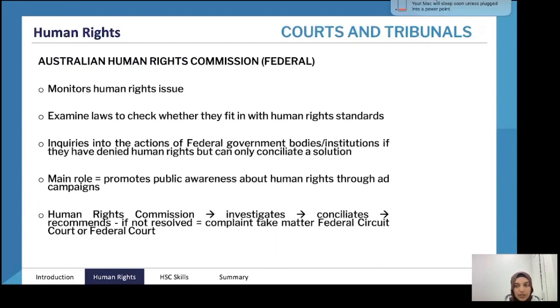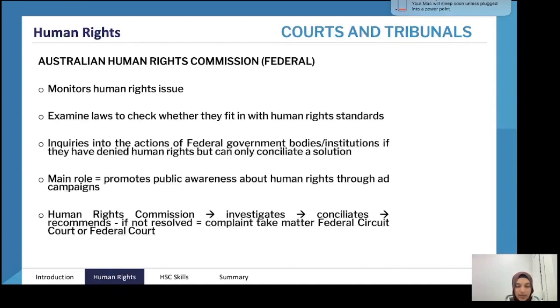Then we've got the courts and tribunals. So the Australian Human Rights Commission, which is federal, monitors human rights issues. They examine laws to check whether they fit with human rights standards. So they hold inquiries into, for example, the actions of federal government bodies and institutions to see if they have denied human rights, but can only conciliate a solution.